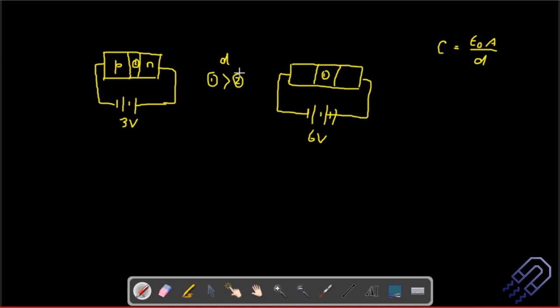So we know that this capacitance will be less. Typically, if you consider a silicon diode, this capacitance will have a value of, let's say, 5 picofarad. And this will actually have a larger capacitance, let's say 20 picofarad.